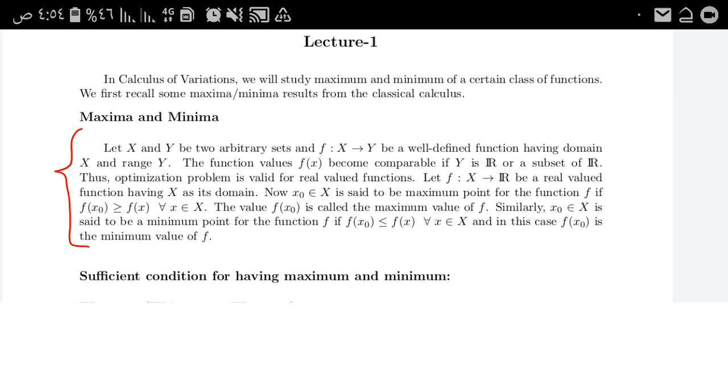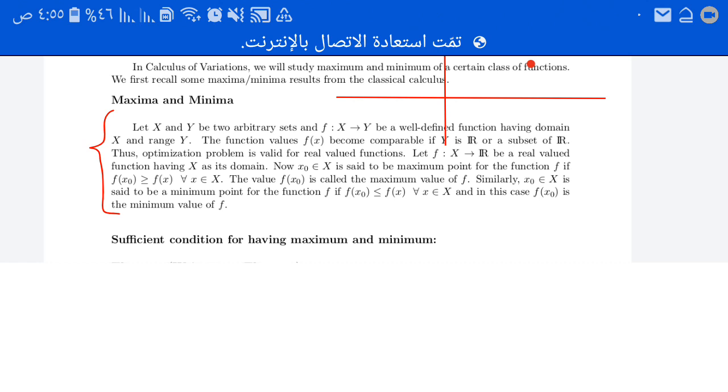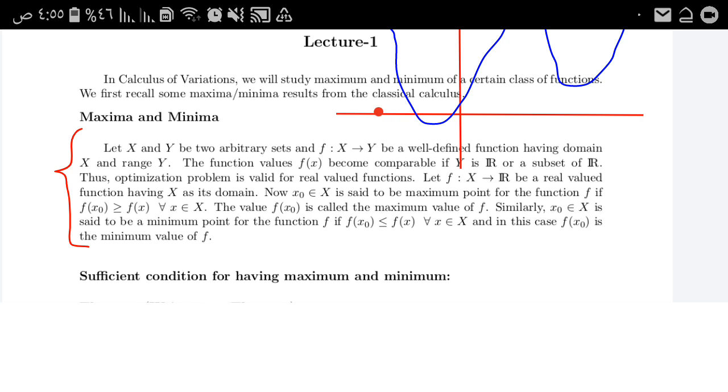So let me draw a function. For example, in this function, try to answer my questions.